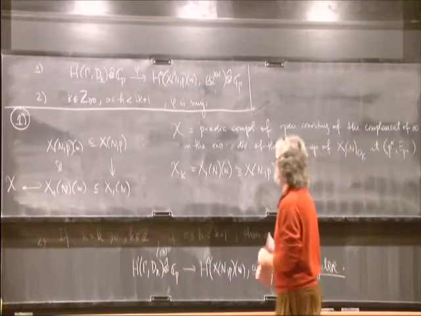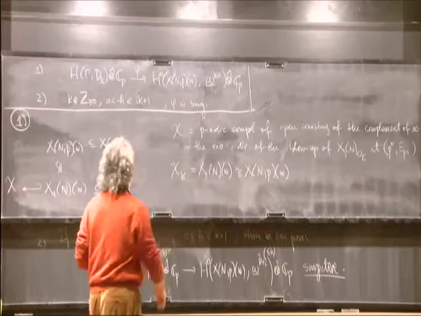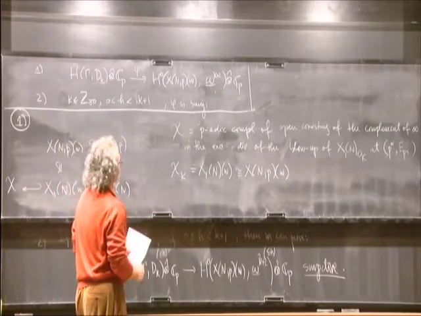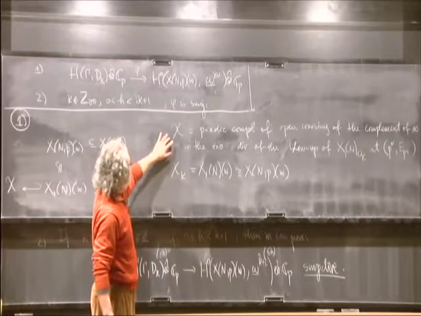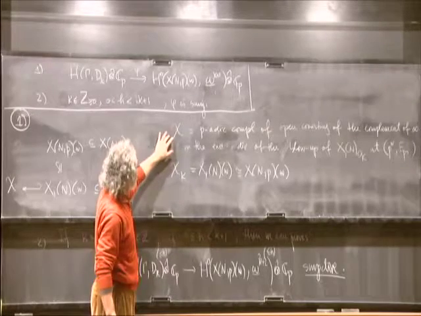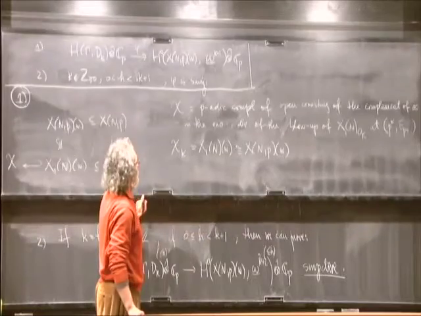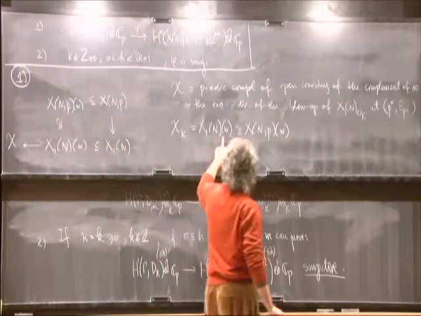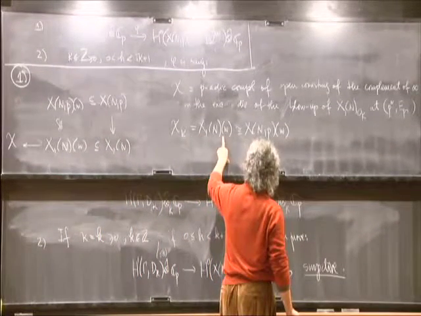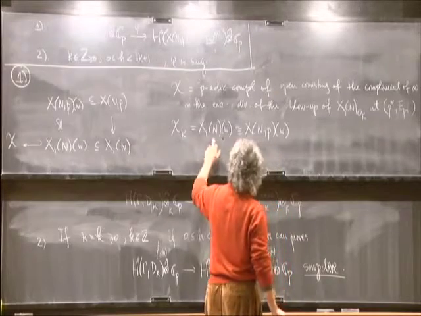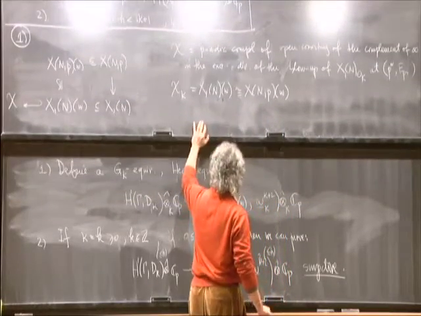And one can put log structures on this, given by the singularities and the cusps, such that this becomes log smooth. And we endow this rigid space with the log structure coming from the cusps.